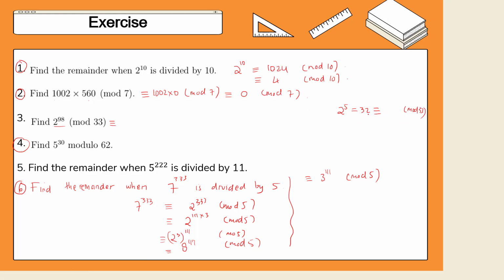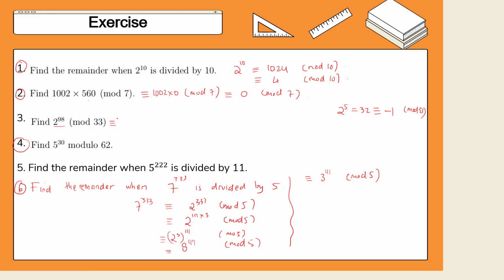Ya, 32 sebenarnya 32 ya. But if we are trying to change it into a smaller number, it is congruent to what? -1. Ya, benar. -1.